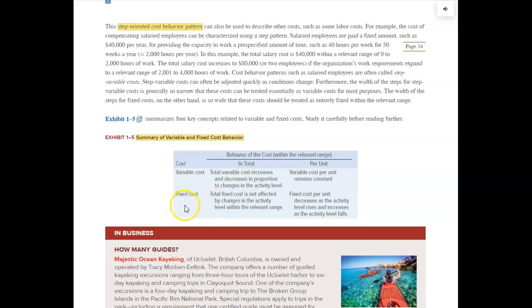Fixed cost is just the opposite. Total fixed cost will not change even as your activity increases and decreases. But if you compute a fixed cost per unit, it will decrease as your activity increases, because you're spreading that total fixed cost over more units.